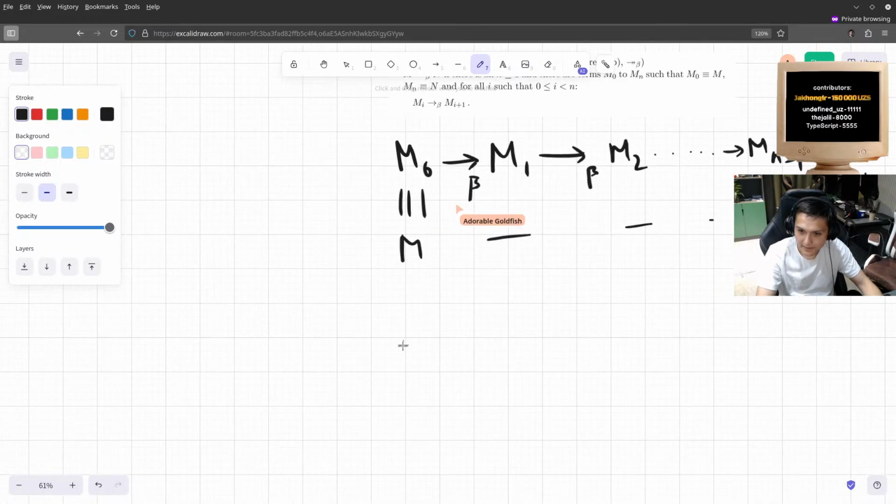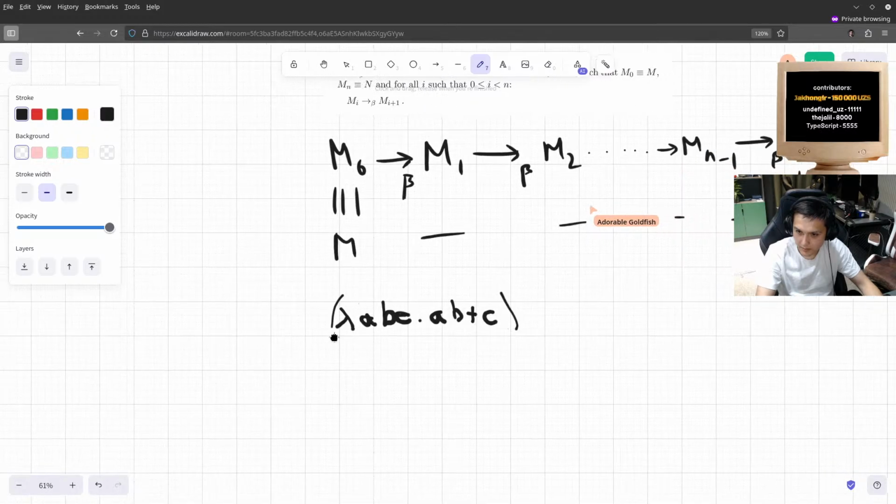Let's make some little example, if you don't mind. Sure. So say we have this, and then we apply, I guess we can apply like this one.